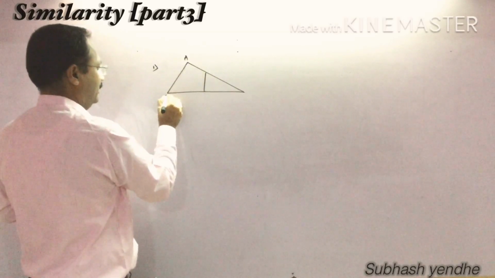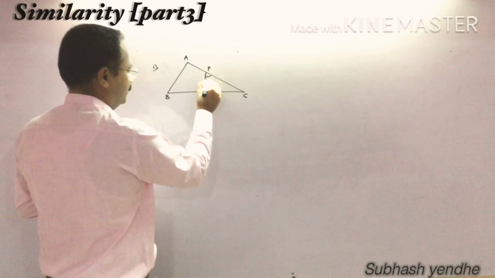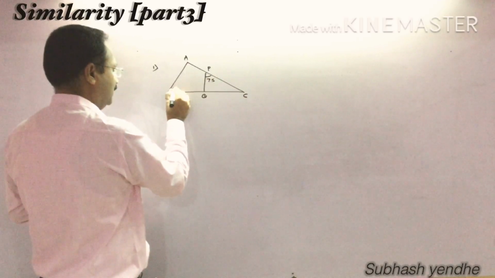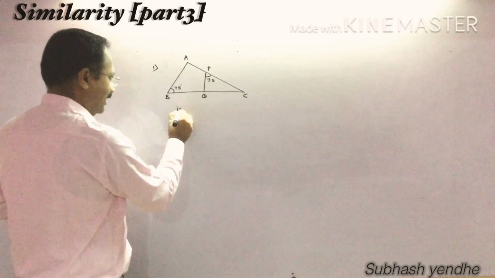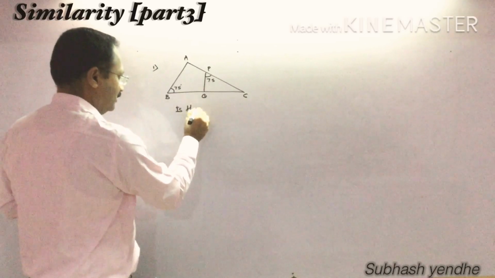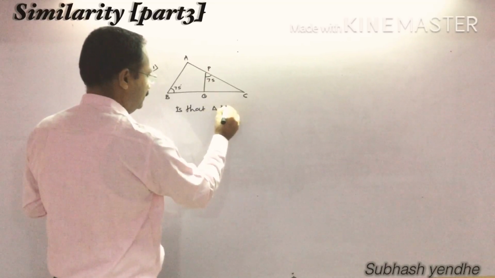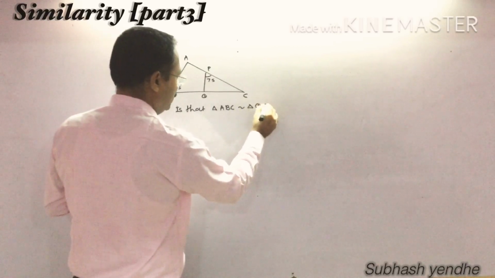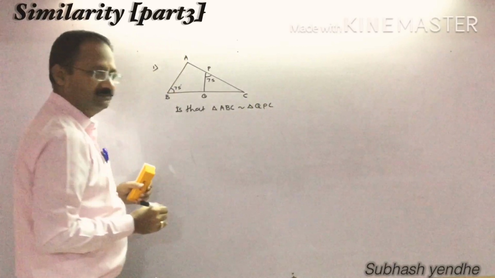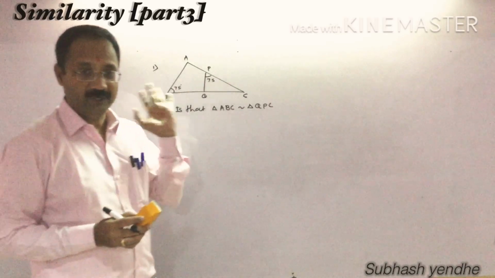This is triangle ABC and this is PQ. This is given 75, this is also given 75. Is triangle ABC similar to triangle QPC? Okay, now always remember one point.